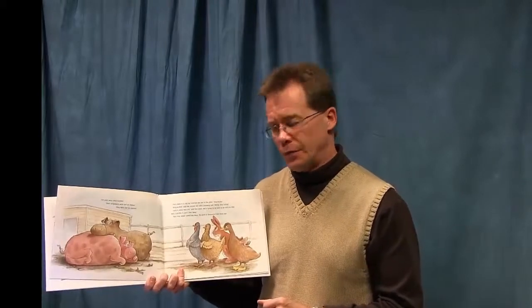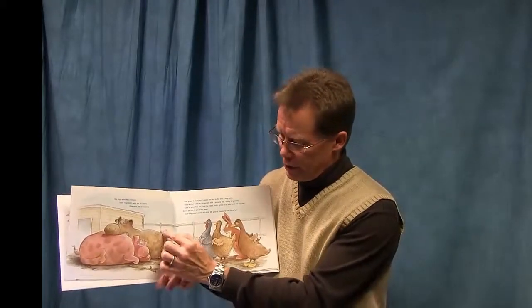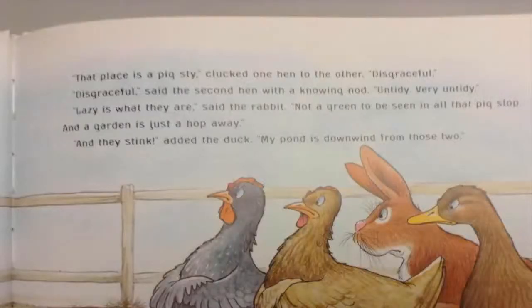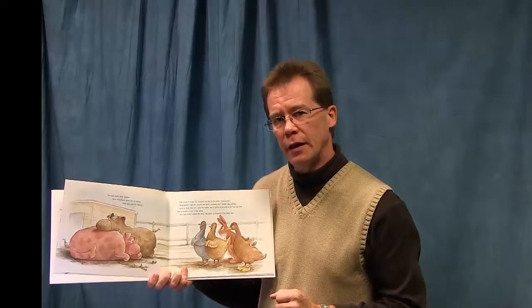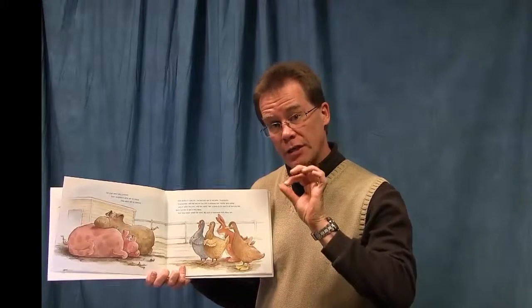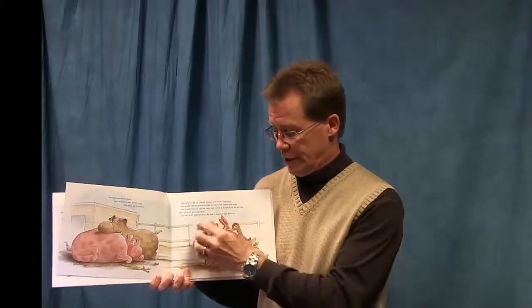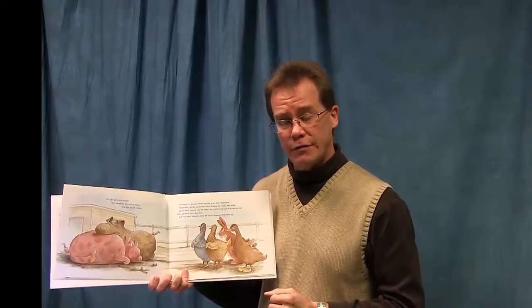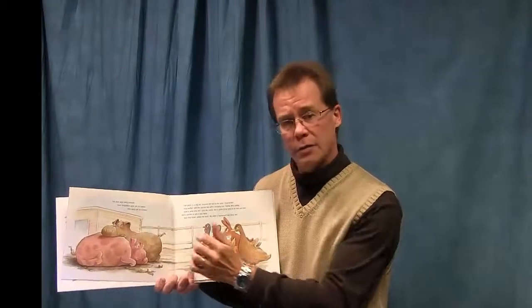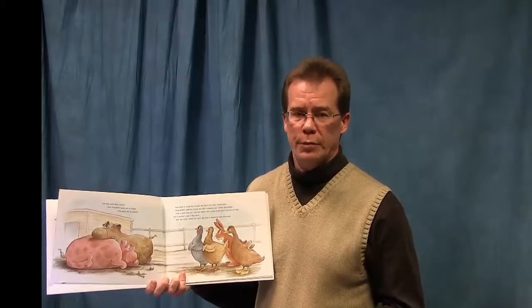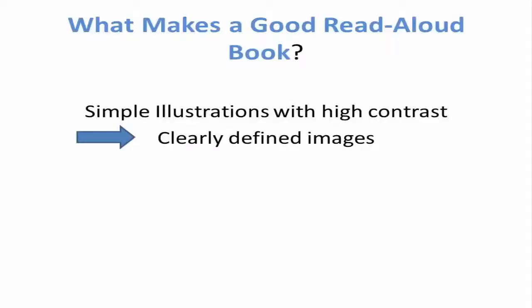There's another issue, and that is, look at the edges here, all the way around the animals. The edges are very clearly defined. That too helps the image stand out from the background. If the image doesn't have those clear lines, usually fairly heavy black lines to outline the creatures, then again the children won't be able to see or pick out from the picture what's important.